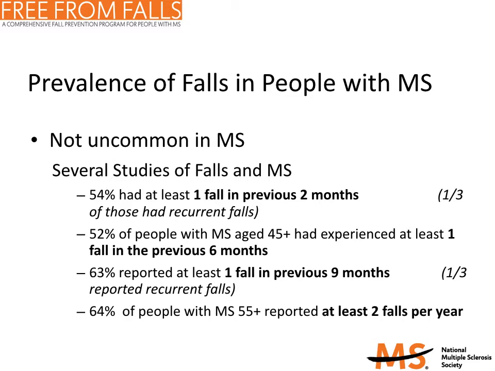Studies have shown that approximately half of middle-aged and older individuals with MS experience at least one fall over a 6-month period. These studies have also shown that there are several factors that pose an increased risk of falls.